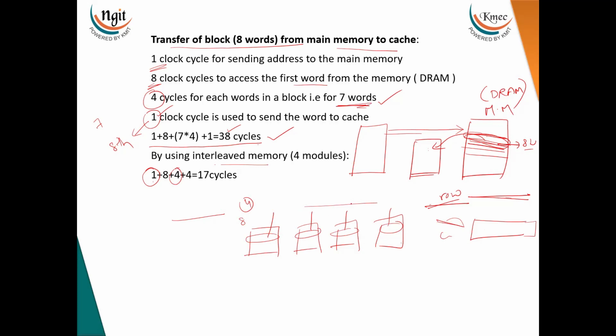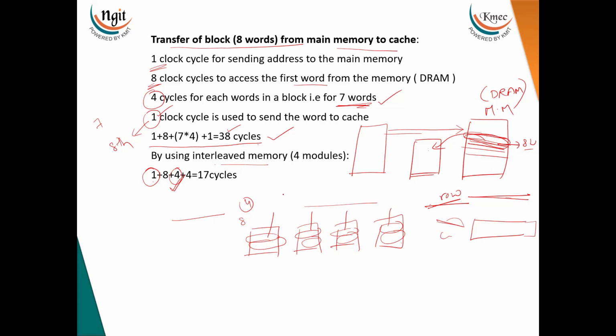So the first 4 words came out, and to access the next 4 words, the next 4 clock cycles are needed. Why? Because we have already seen that only the first word takes 8, and from the next word onwards it will take half of the time. That's why only 4 clock cycles are needed to access the next 4 words.